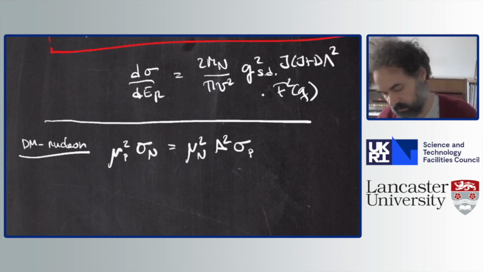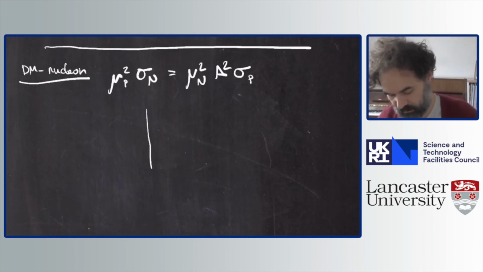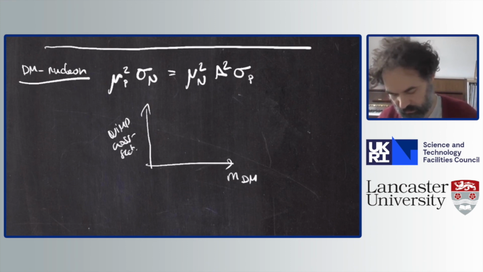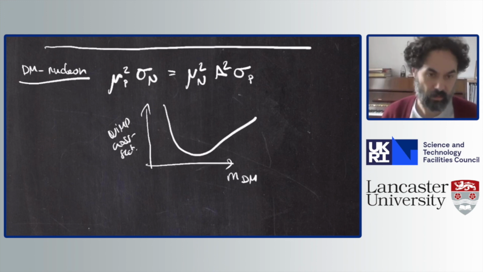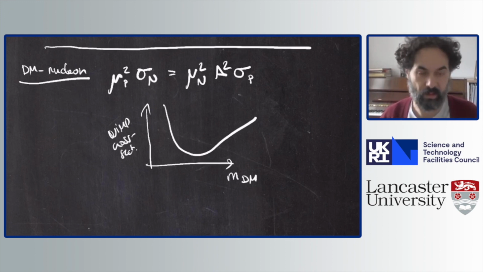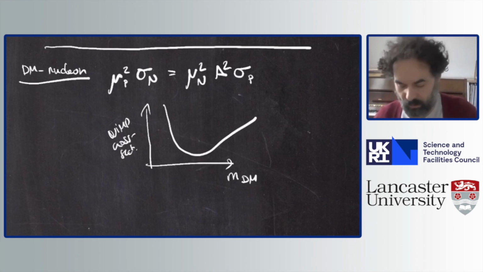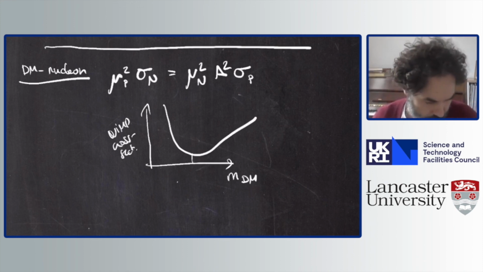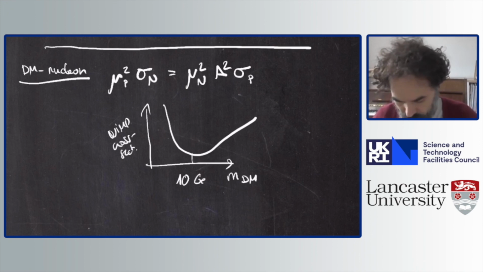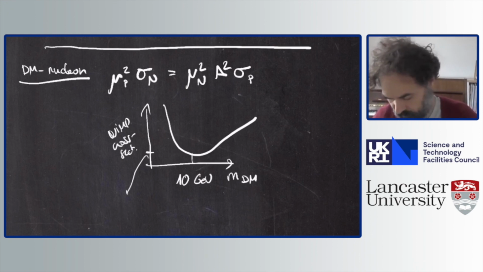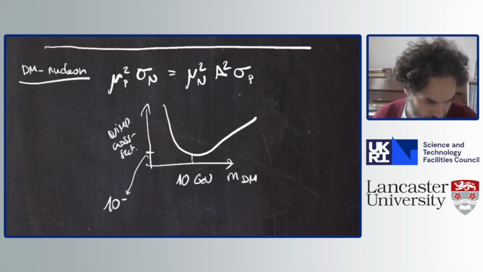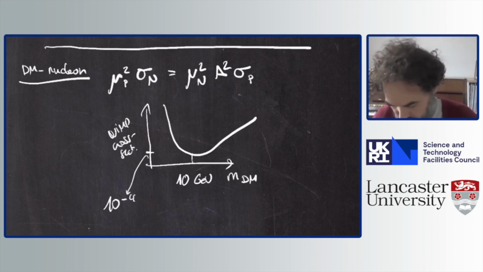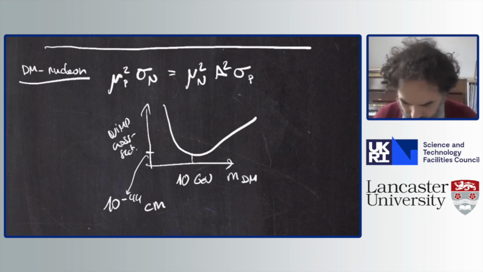And this is what is plotted, as I said, in the WIMP cross section versus mass of dark matter plot, and I invite you to see it in the notes. Typical values for masses like a GeV achieve 10 to the minus 44 centimeter squared.